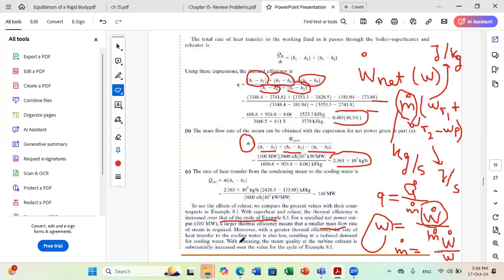Moreover, with a greater thermal efficiency, the rate of heat transfer to the cooling water is also less, resulting in a reduced demand for cooling water. With reheating, the steam quality at the turbine exhaust is largely increased over the value of the case without reheat. So all of these are advantages of the reheat cycle compared to a cycle without reheat.